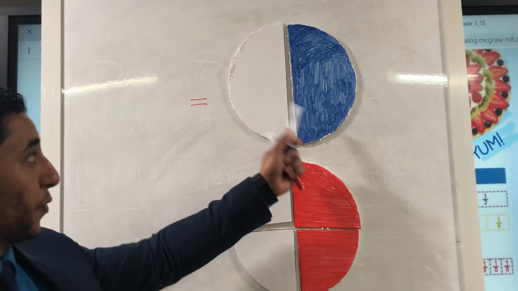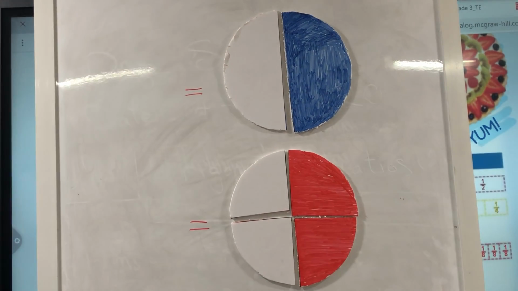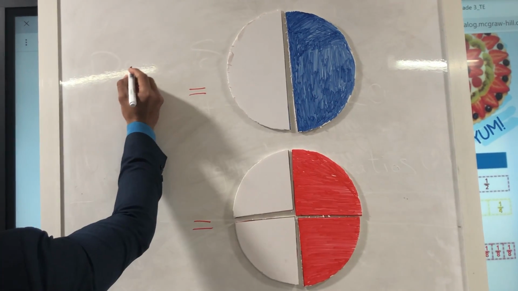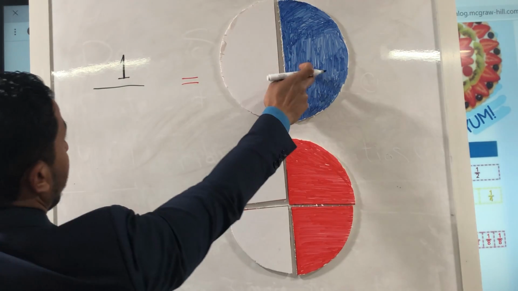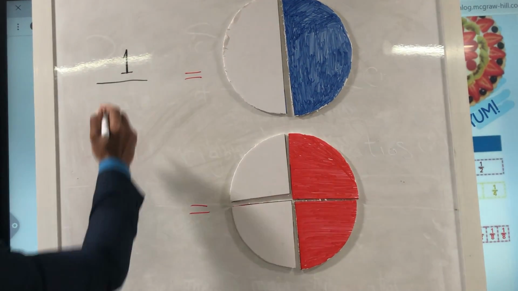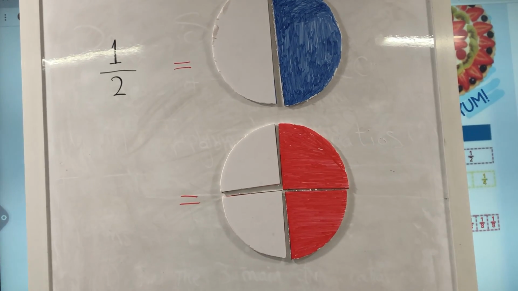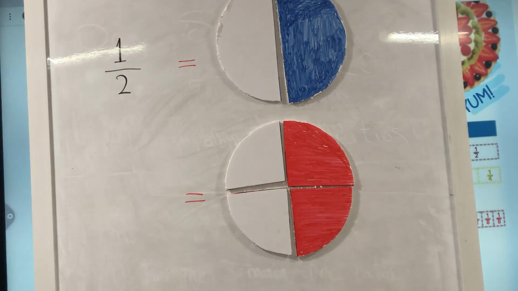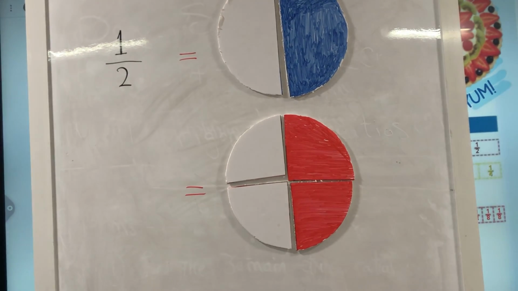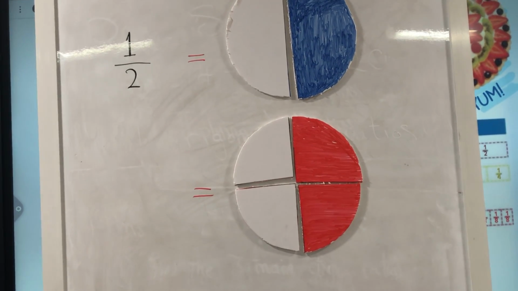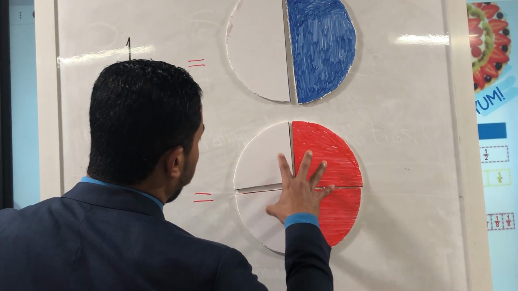This is 1 from 2, part of a whole. So I will write 1 over, and how many pieces in all? Yes, it's 2. Who can read this fraction? 1 over 2, or 1 out of 2, or 1/2. Excellent, grade 3.